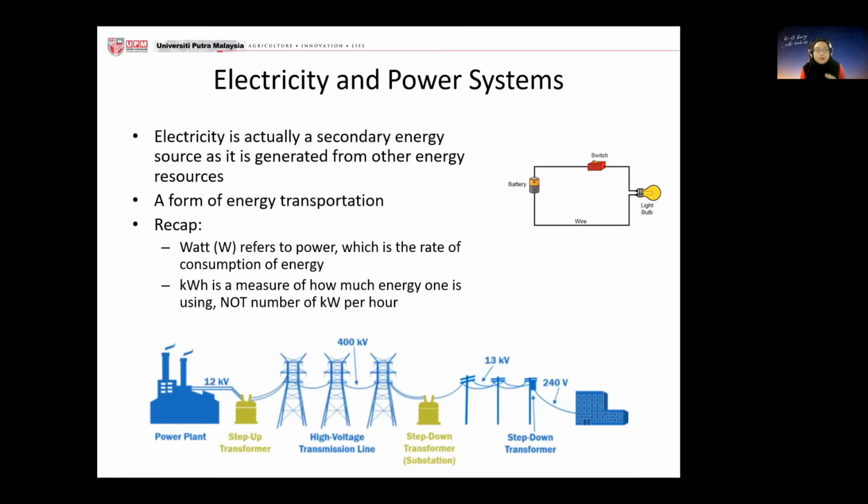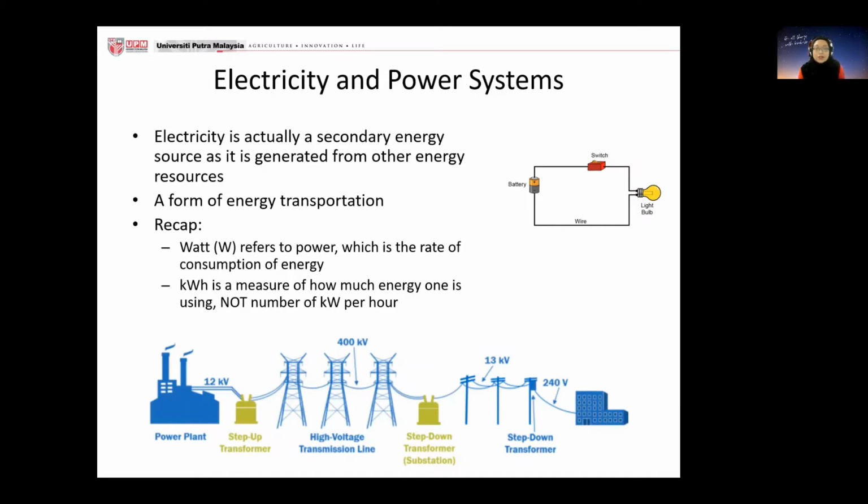If you have something like this, and you have your house here, the energy requirement of your house, where does the power, where does the energy come from? And we've discussed this, about power generation, power plants, who actually generate the electricity for us.